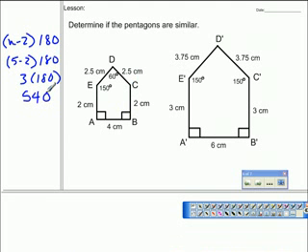I could figure out that the corresponding angles are congruent, and that would tell me these two pentagons are similar, or I could find the ratio of their sides to make sure they're all the same, and that would tell me they are similar. Well, I know this is 90 and this is 90 and so are these, and I have 150 and 60. I need to know the measure of angle C here and the measure of angle D prime right there.